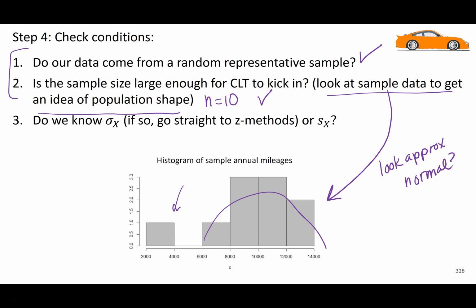Because if so, as long as the sample is normal enough, that would be okay to say. And then condition 3: if we know sigma, go straight to z methods. We don't, unfortunately, but we do have the standard deviation from the sample, so we're going to use the t methods, or the t procedures.